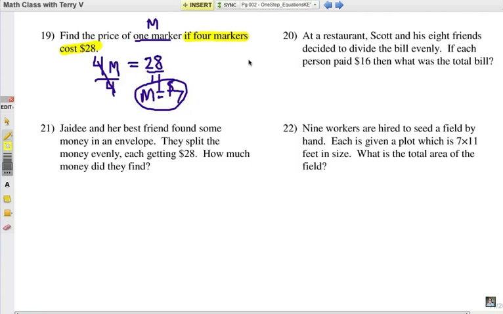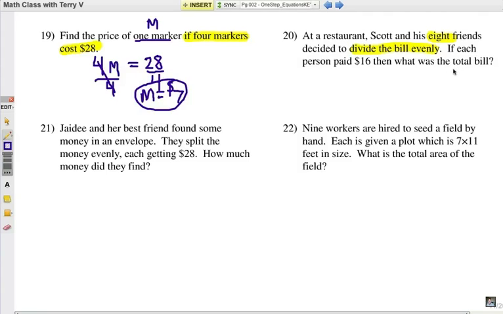Number 20. At a restaurant, Scott and his 8 friends decided to divide the bill evenly. If each person paid $16, what was the total bill? All right, let's look at some key words. We've got 8 friends, and they divided the bill evenly. If each person paid $16, then what was the total bill?